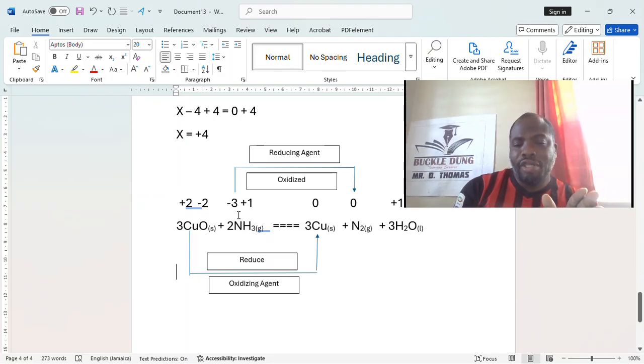If it is a 3 minus, it would have gained 3 electrons.